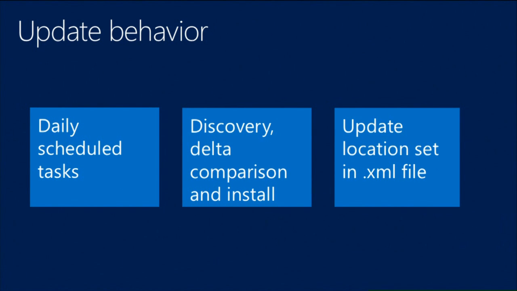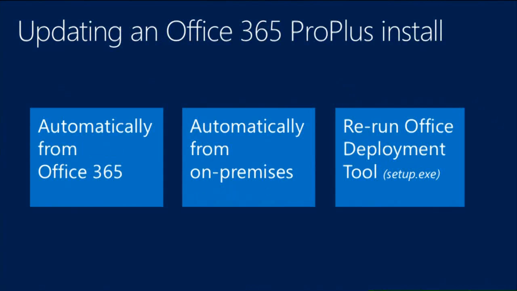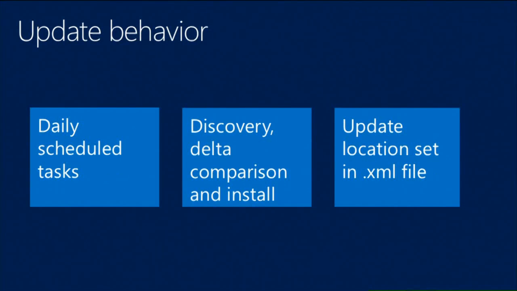We only then download and cache the ones that we need. At that point, we run the installation. So there's a 3-step process: discovery, comparison and cache, and then install. And after that, we can do all of these past 3 options, either automatic from on-premises or a managed web location, or rerun setup; all use that same mechanism.